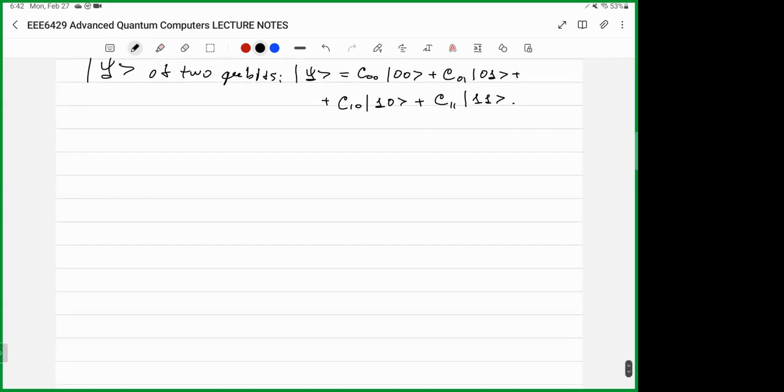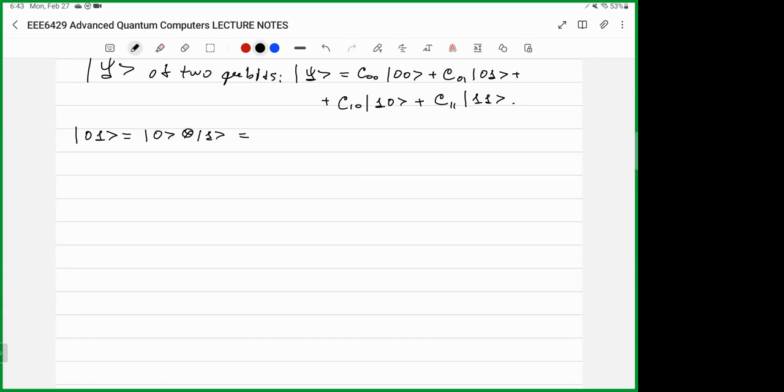In this basis of states of 2 qubits, I just remind you that, for example, this state 01 is nothing but the tensor product of state 0 and state 1.